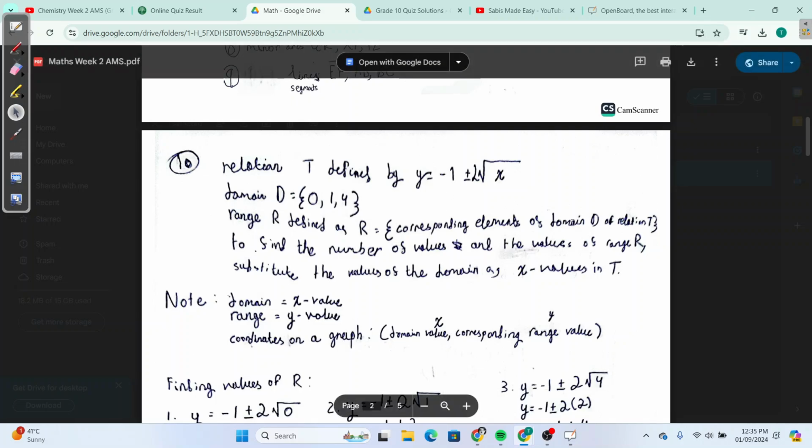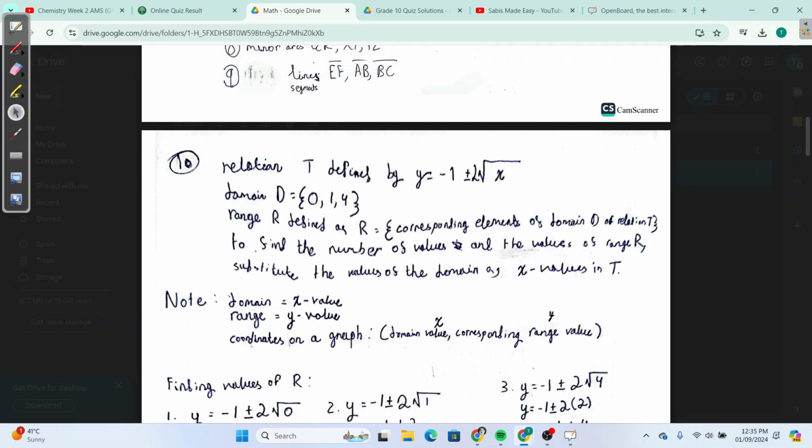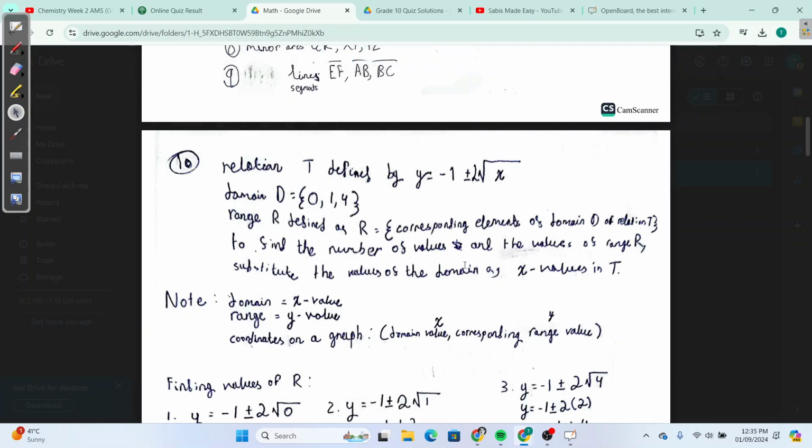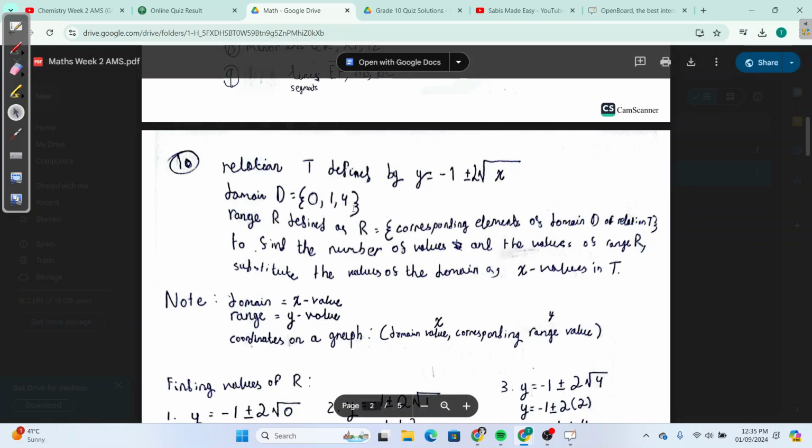To find the number of values and the values themselves of range R, you substitute the values of the domain as x values. So 0 instead of x, 1 instead of x, and 4 instead of x.